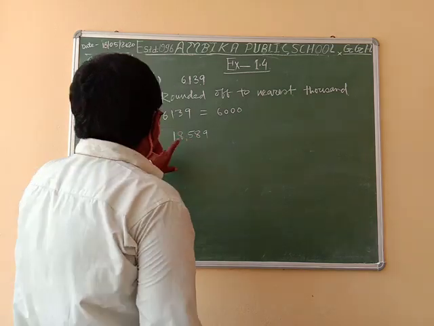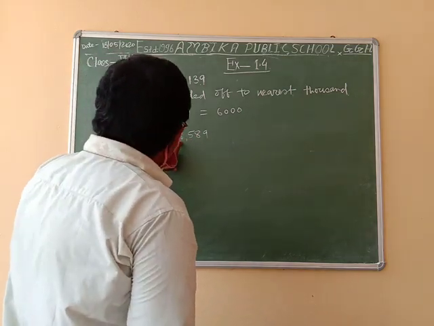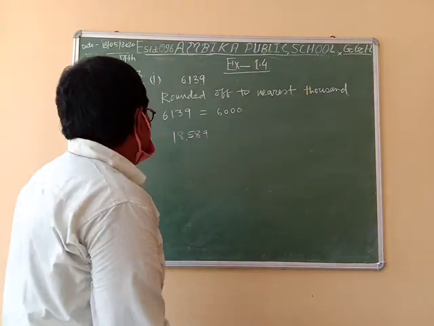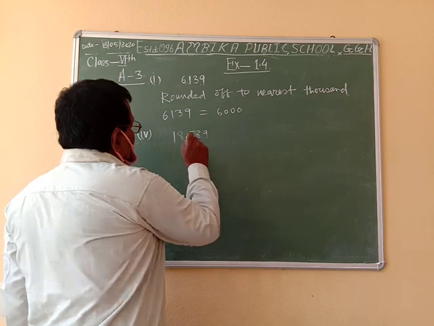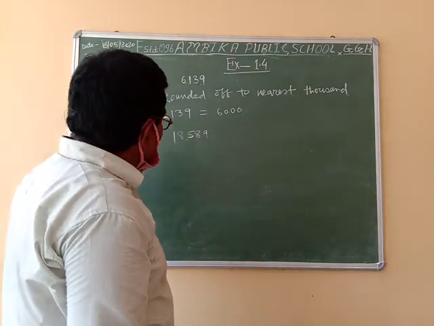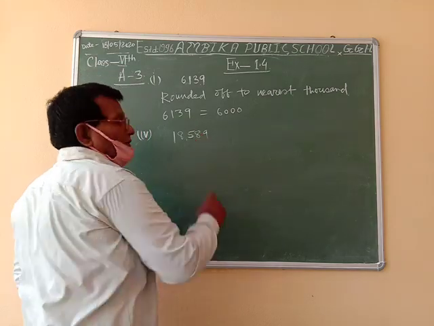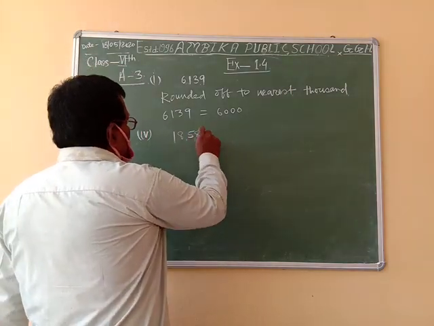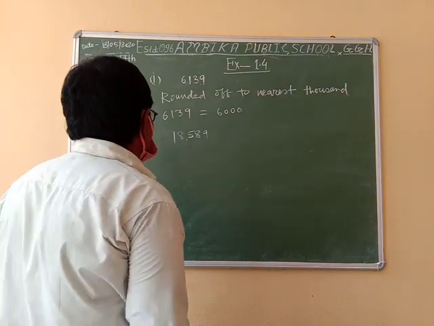Rounding off to the nearest thousand, at first we see the hundreds digit. The digit at the hundreds place is 5, so it is not less than 5, and we increase the thousands digit by 1 and write 00 at the hundreds, tens and ones digits.